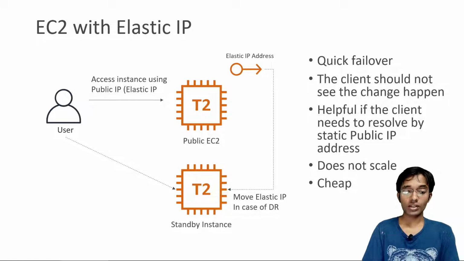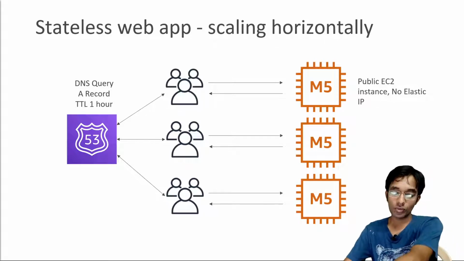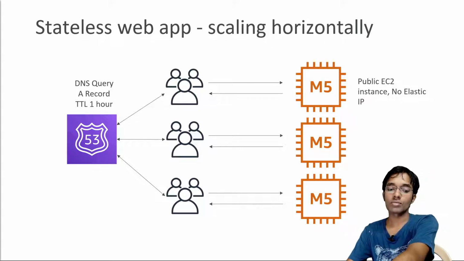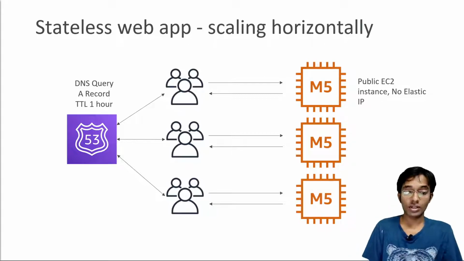Okay, so next we have the stateless web app scaling horizontally. So we want to scale horizontally. Let's say we have three EC2 instances that are public, but there's no Elastic IP this time, and we have users.